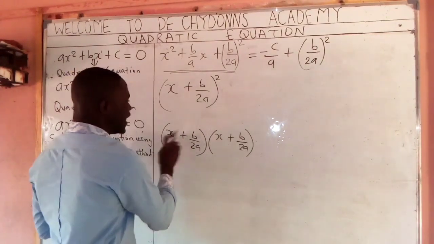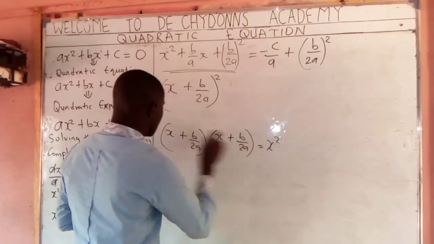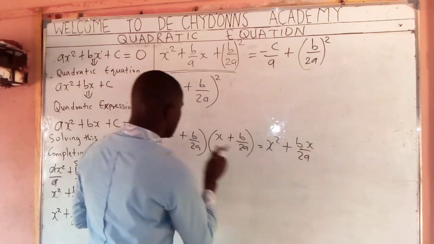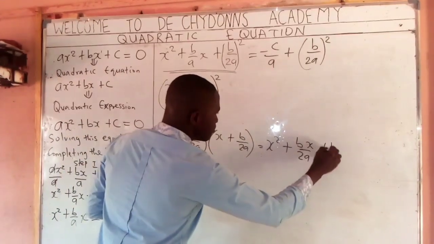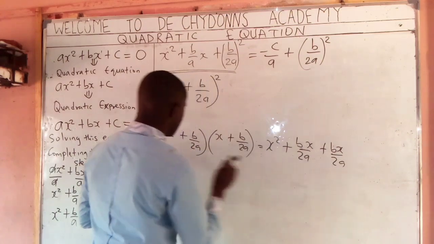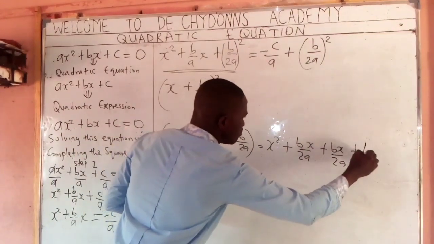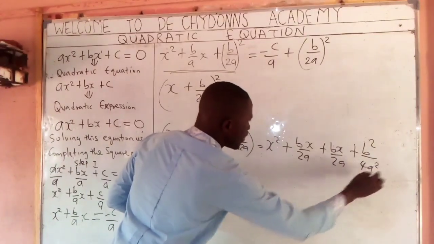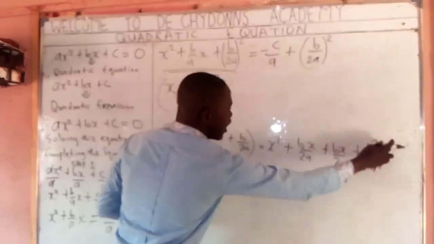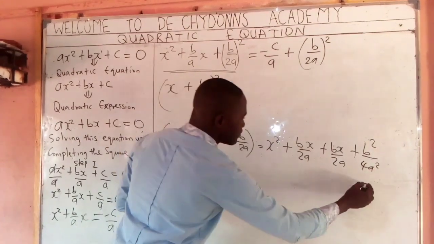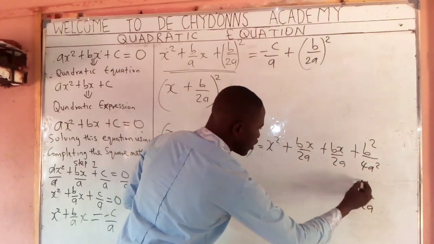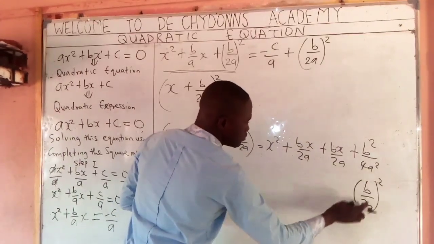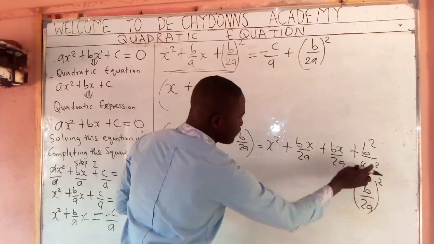Then x times x is x squared, x times b over 2a gives bx over 2a, b over 2a times x gives bx over 2a, and b over 2a times b over 2a gives b squared over 4a squared. Now, b squared over 4a squared is the same thing as b over 2a all squared, because b squared, 2 squared is 4, a squared.